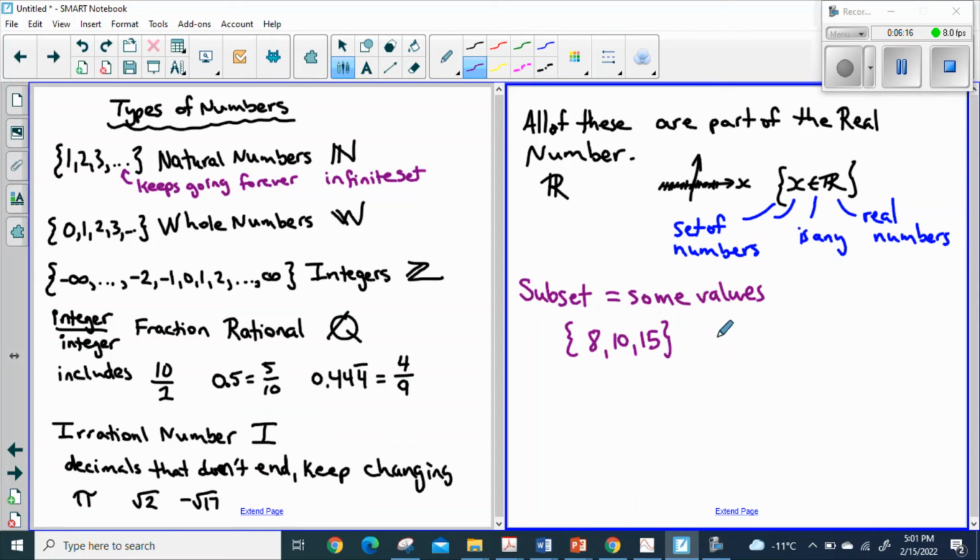This could be a subset of natural numbers: 8, 10, and 15. Oh, those also are included in my whole numbers. Oh, these are also integers. So some numbers count under more of these columns. Oh, rationals. So these can all be written as fractions. They're not irrationals, but they are definitely real numbers.